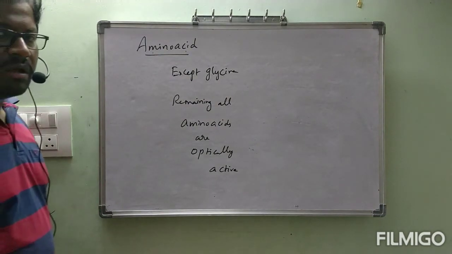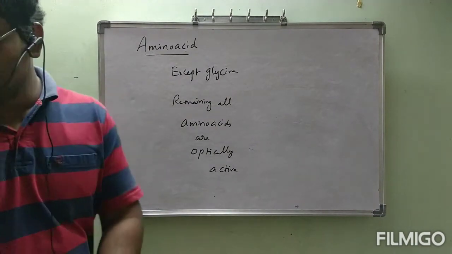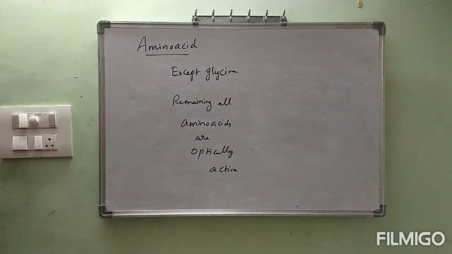What is the meaning? Optically active means definitely that compound must contain a chiral carbon. What is meant by chiral carbon? The carbon which is bonded to 4 different groups is called chiral carbon.